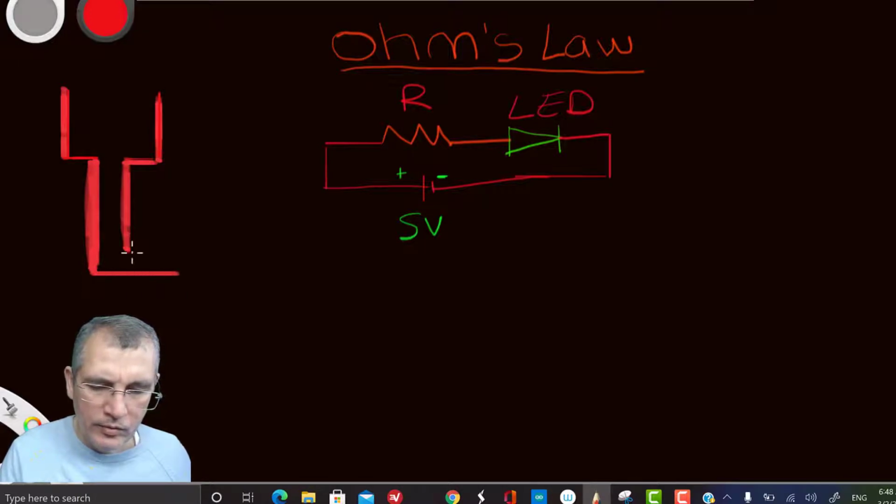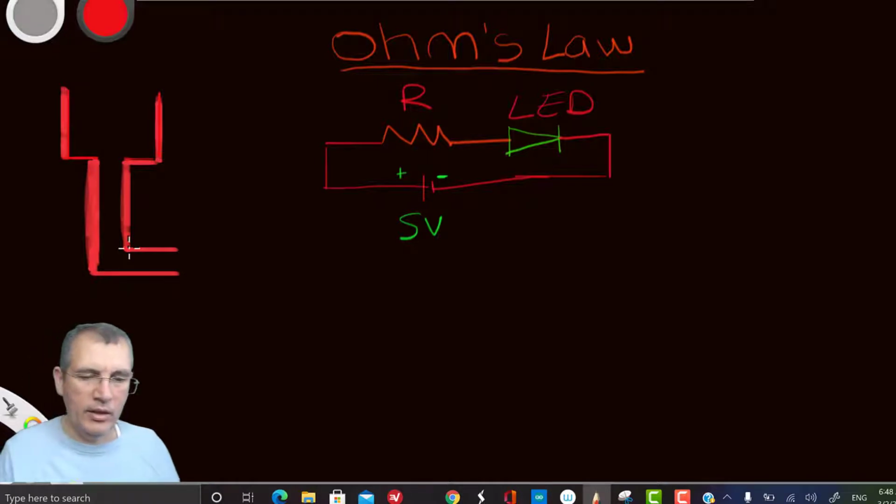This is our water tank, and let's fill up the tank with water.